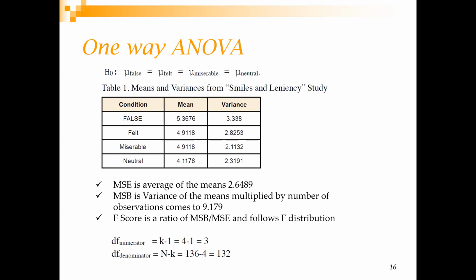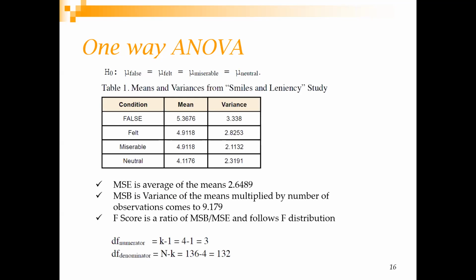It is not necessarily true that these two chi-squares will have the same degrees of freedom. That is the reason the F distribution is associated with two degrees of freedom.